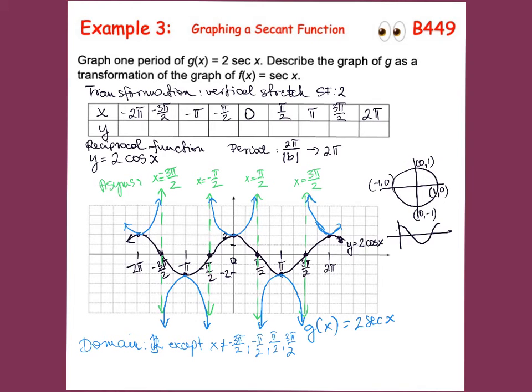And the range is going to be negative infinity to negative 2. And the second part is from 2 to infinity.